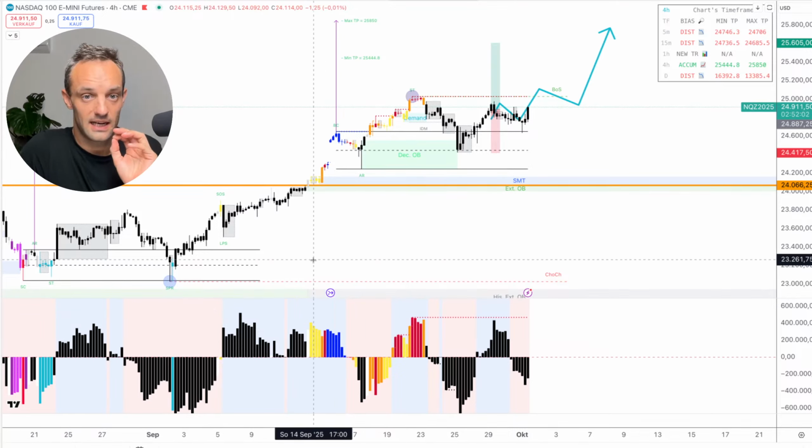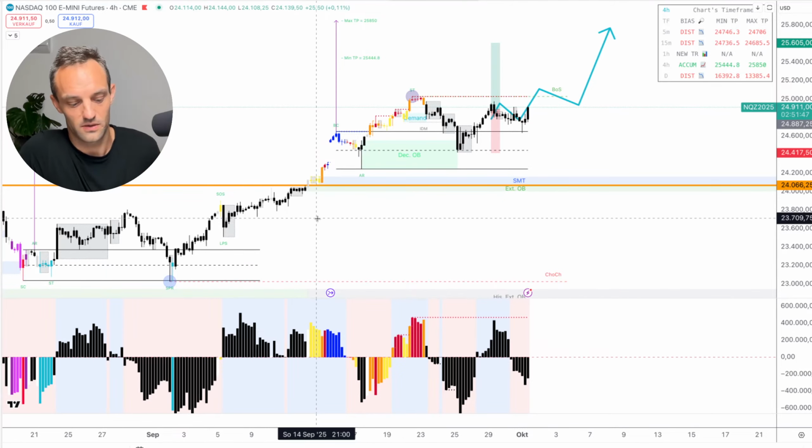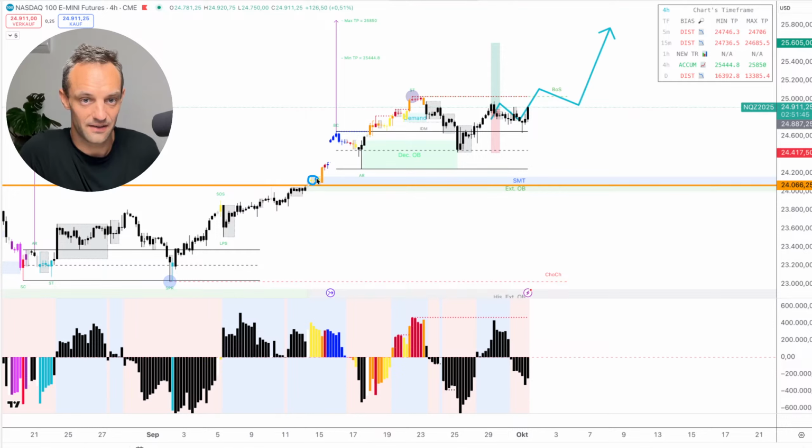Always when we see colorful candles, we need to ask ourselves this question: is this a continuation sign or is it a reversal sign? When the color comes, we need to ask the question, okay, is this a sign for an entry? Is this a continuation?